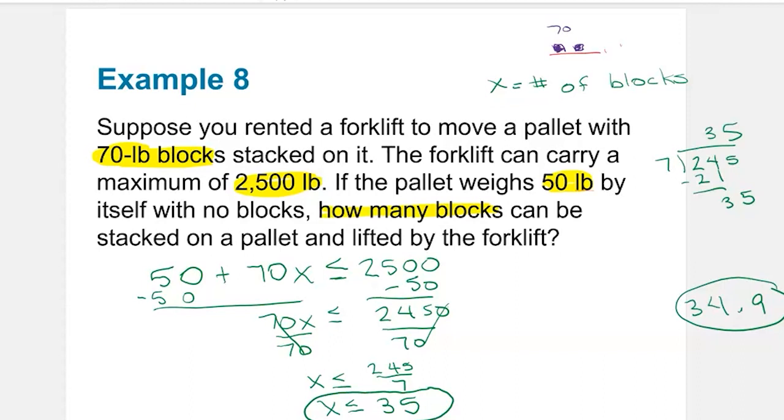So I would have to say 34 blocks. That's not the case in this problem, but if you ever have a problem where you have a number with a decimal, you don't round it up, because that would mean the weight is more than 2,500, which is no good. So we would always have to round down. Hopefully, again, that makes sense. So my answer here is 35 blocks.